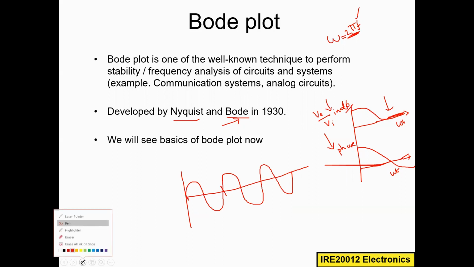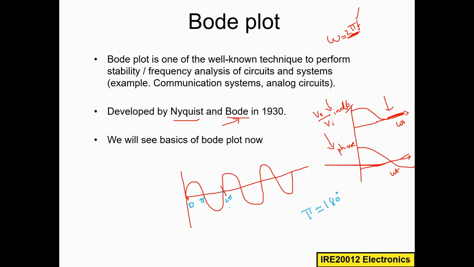So here we call this 0, and this is pi, the half cycle, and from this midpoint until the end of the cycle is called 2 pi. You know the mathematical value of pi? Pi is equal to 180 degrees.